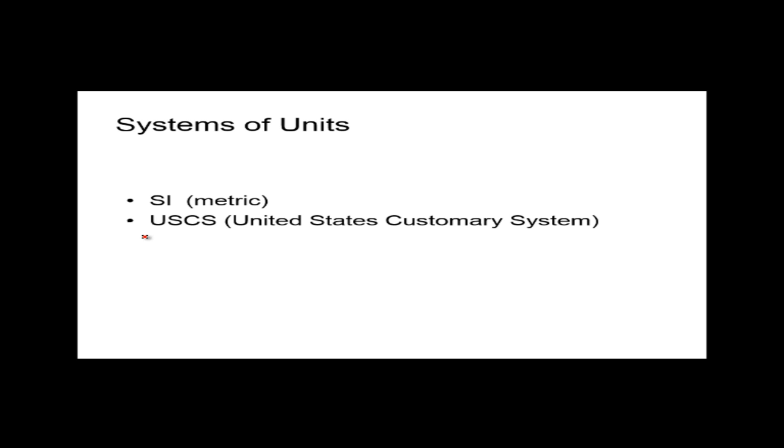The other system, still the customary system used in the United States, we could call the British system, the English system. They moved on to the SI long ago. Let's let them go. It's only used in the United States. Let's just call it the United States customary system of units. So you need to be, in the United States, still bilingual when it comes to units.